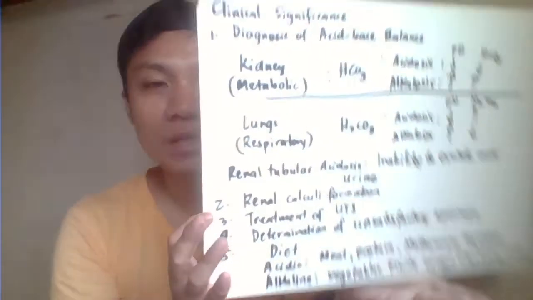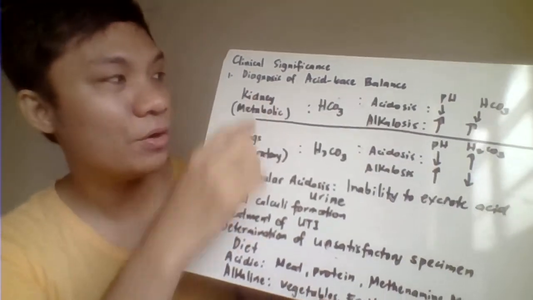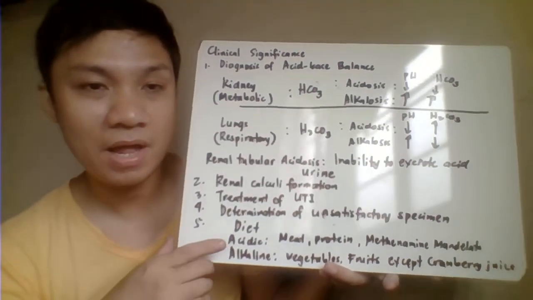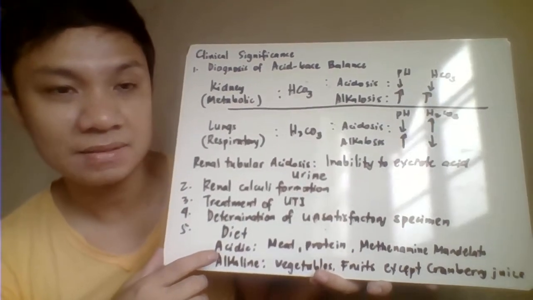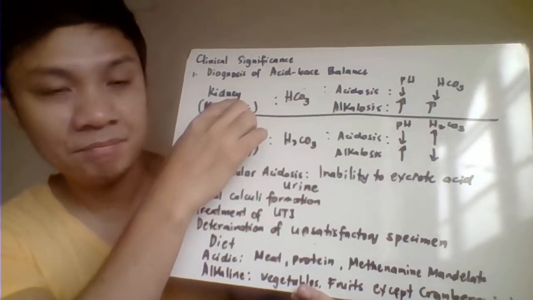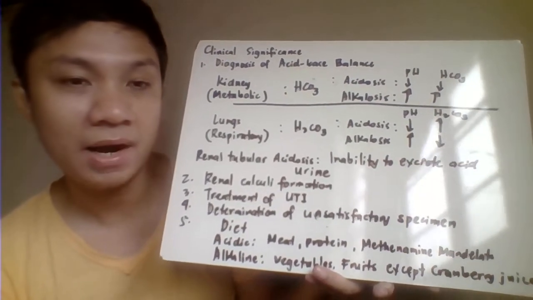Okay, now we go to the clinical significance of your pH. Testing the urine pH will help us diagnose problems related to acid-base balance. Talking about acid-base balance, we have two organs involved.